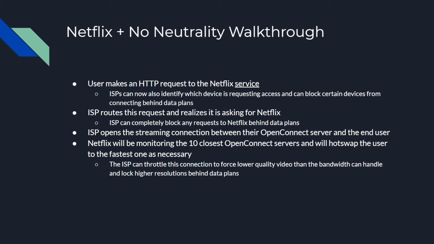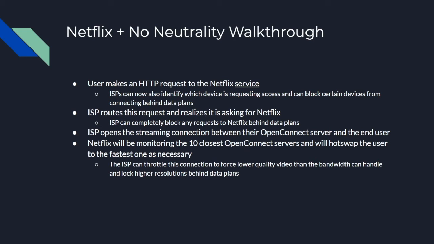Another thing the ISP could do without net neutrality is that they could also throttle your connection to Netflix. In this case, they can arbitrarily lower the quality of the stream that you get from the box that the ISP has in their server room, and make you pay to receive a higher quality through this connection.